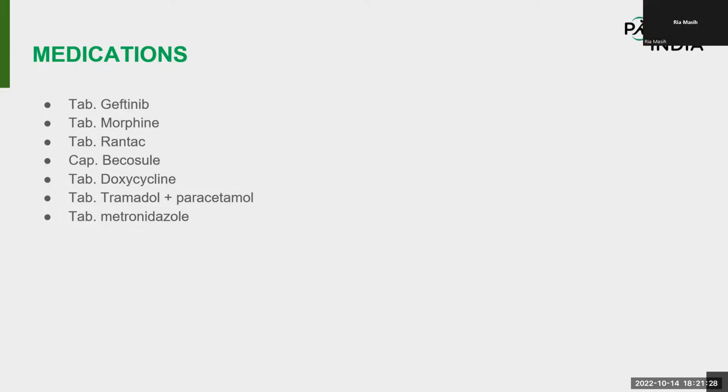Tramadol and paracetamol, when she was following up with us, is what we continued from our end. Since she has been going to the regional cancer center, from there she has only been getting morphine. So at present, tramadol and paracetamol is not being given to her. Okay, very good.